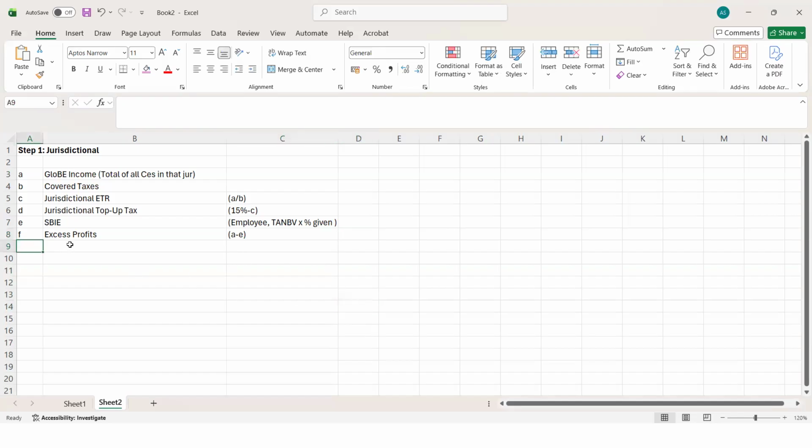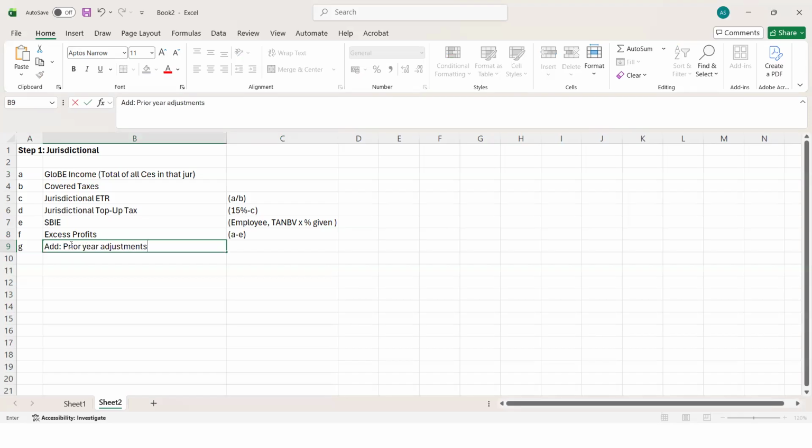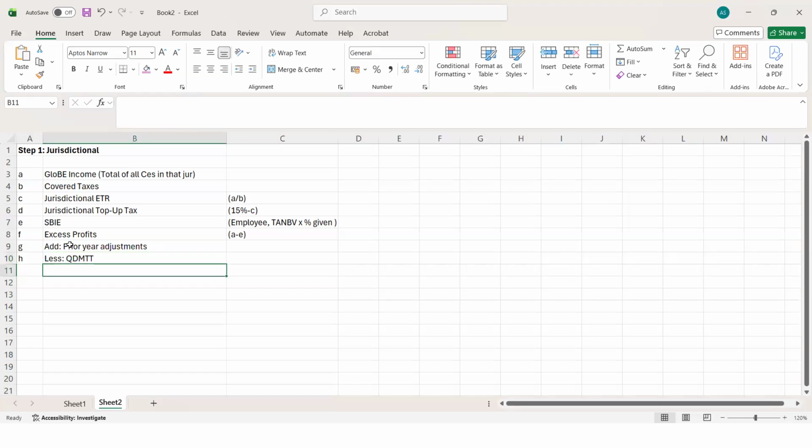And on the excess profits, I will add prior year adjustments, and I will reduce QDMTT. So what will I get? If I do all this, I will get the value of the jurisdictional top-up.